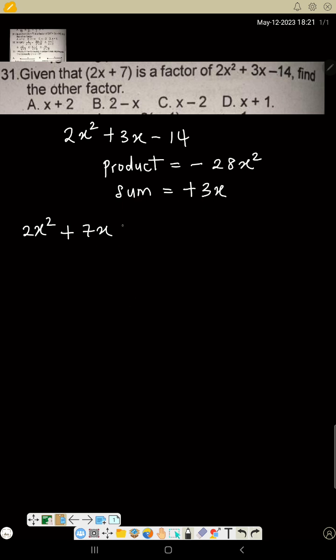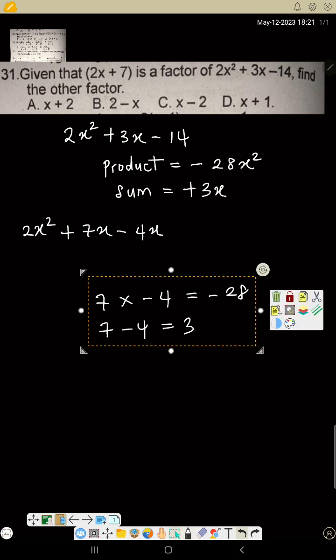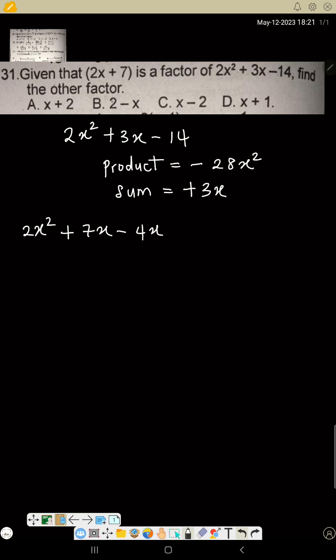That means 7 times minus 4 will be equal to minus 28, and 7 minus 4 will be equal to 3. So take note. Then minus 14.